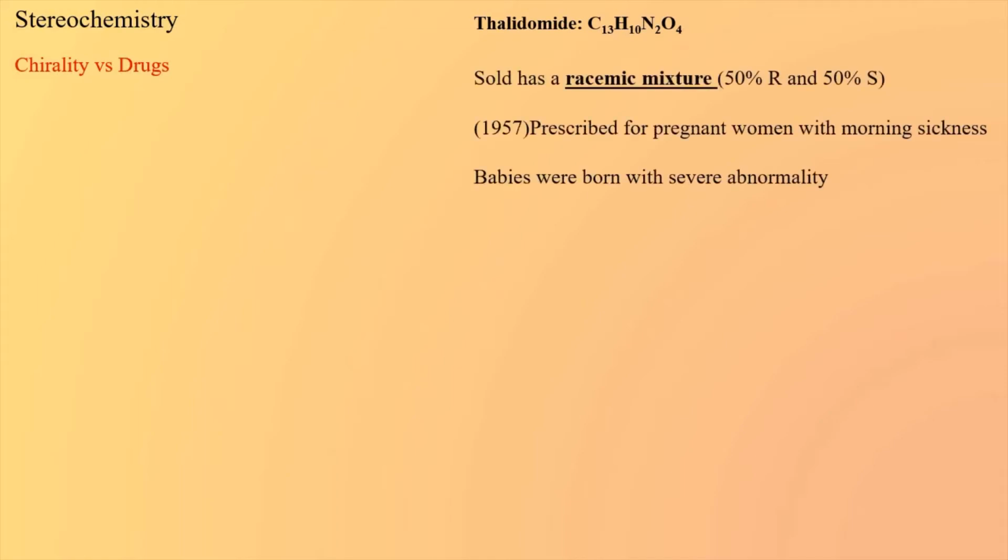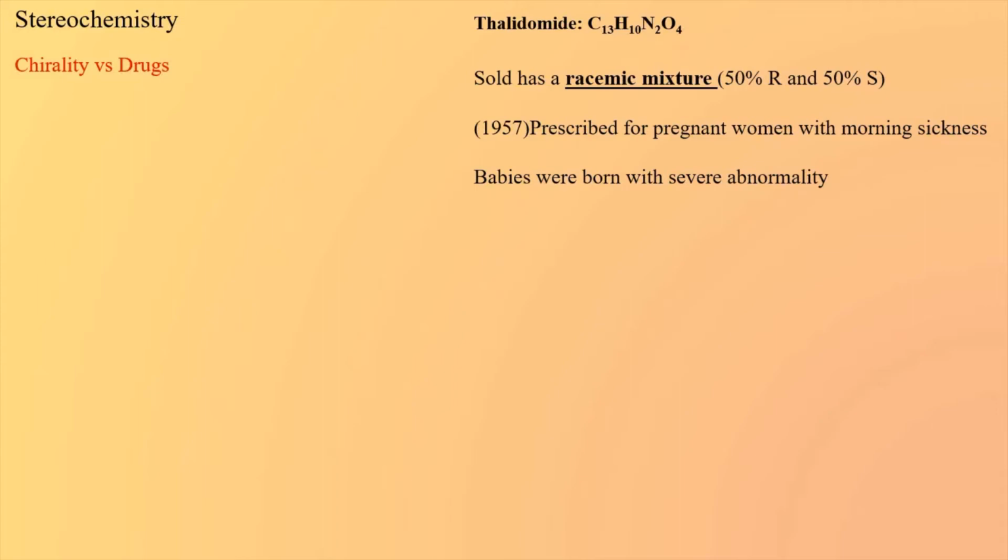In the 1950s, it was prescribed to pregnant women with morning sickness. The drug had rigorous testing and had no effect on the pregnant women, so it was prescribed in Germany. But babies were born with severe abnormalities, and eventually the results were pointing at this drug. So it was eventually banned, and people were not allowed to buy it.